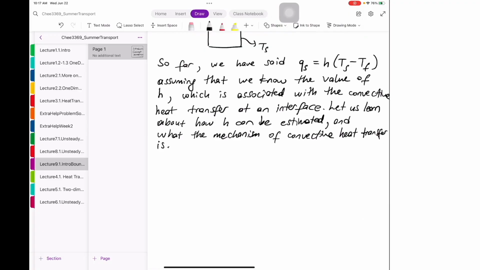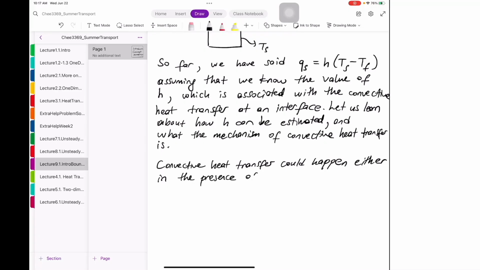And what we learned is basically convective heat transfer could happen in two different ways, either in the presence of fluid motion induced by an external equipment.